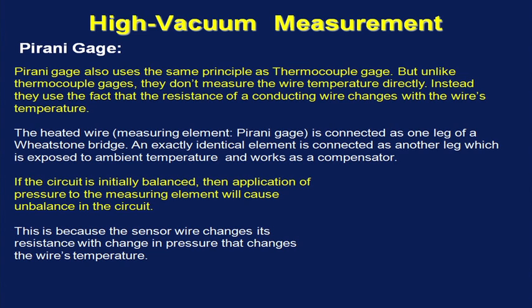So, change in temperature will cause a change in resistance, and the change in resistance will cause unbalance in the circuit. This unbalanced current can be taken as a measure of gas pressure.